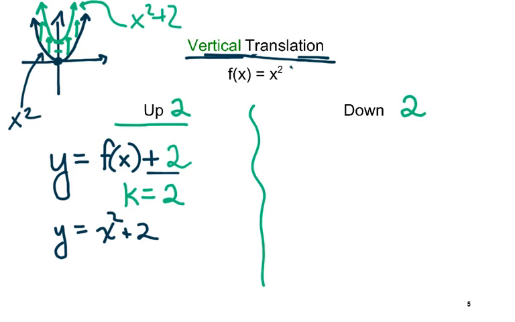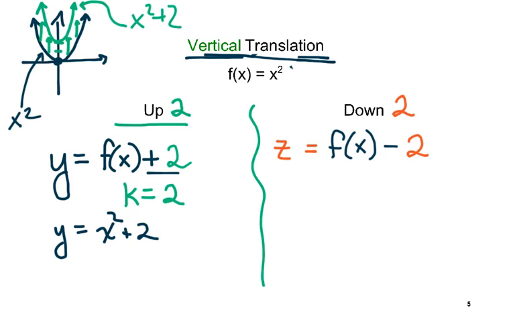All right, so for the second part, actually, why don't we use red? We'll use red for this. We're going to go down 2. So we're going to take the original function f of x, and we're going to go down 2. That means we're going to subtract 2 from it. And let's just call that the function z. We can call it whatever we want. It's a new one.